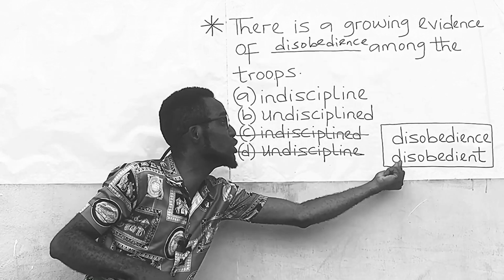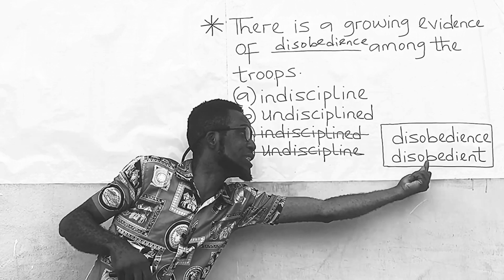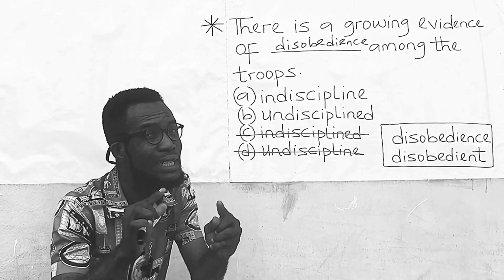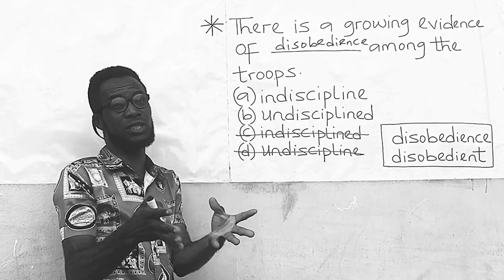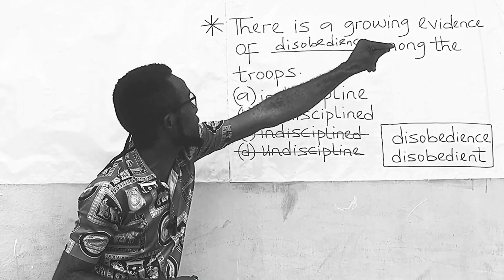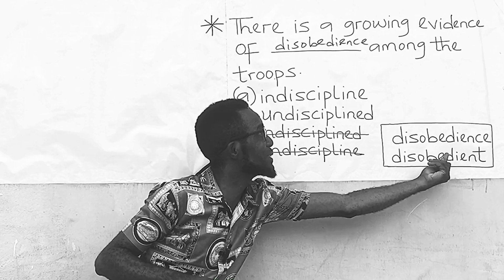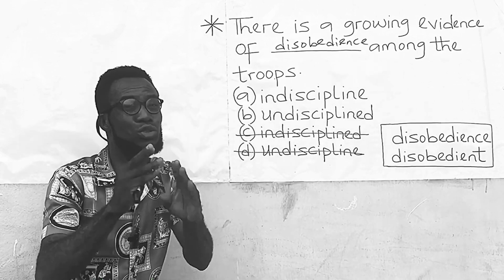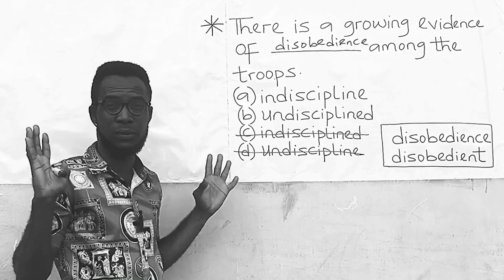The word disobedient cannot conveniently enter the gap because I cannot say there is a growing evidence of disobedient among the troops. It does not make any sense grammatically.